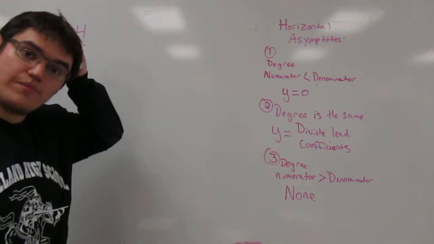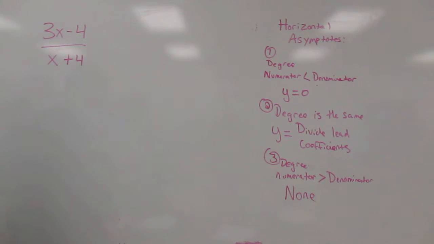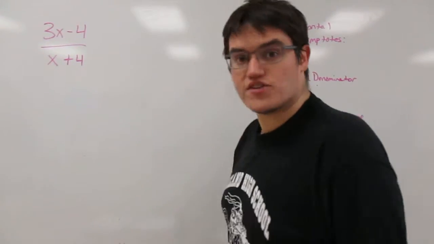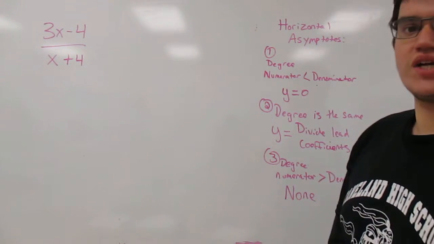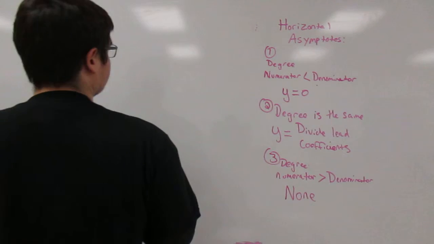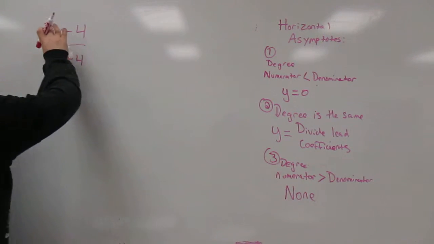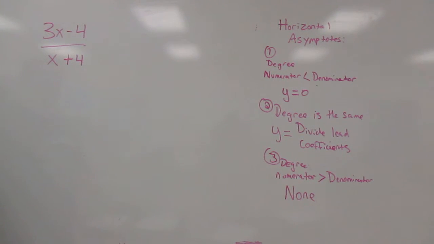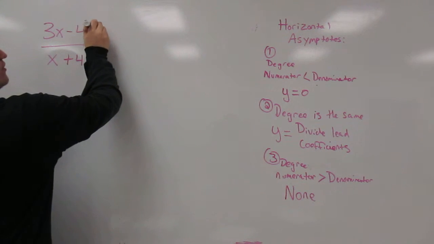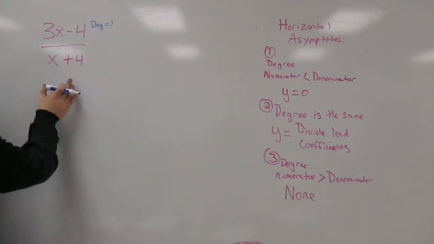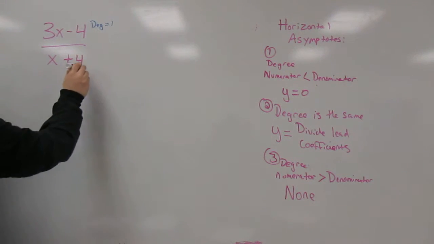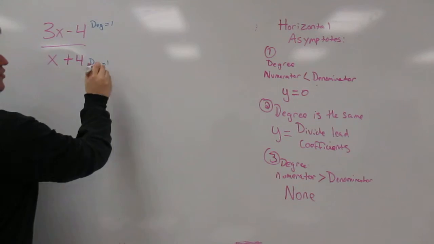Okay, welcome back. So first thing we want to do is factor. Well, lucky for you, it's already factored. Great. So now we can look at our horizontal asymptote. Our degree in the numerator, well, we have x to the first power, so our degree here is 1. Degree in the denominator, x to the first power, degree is 1.